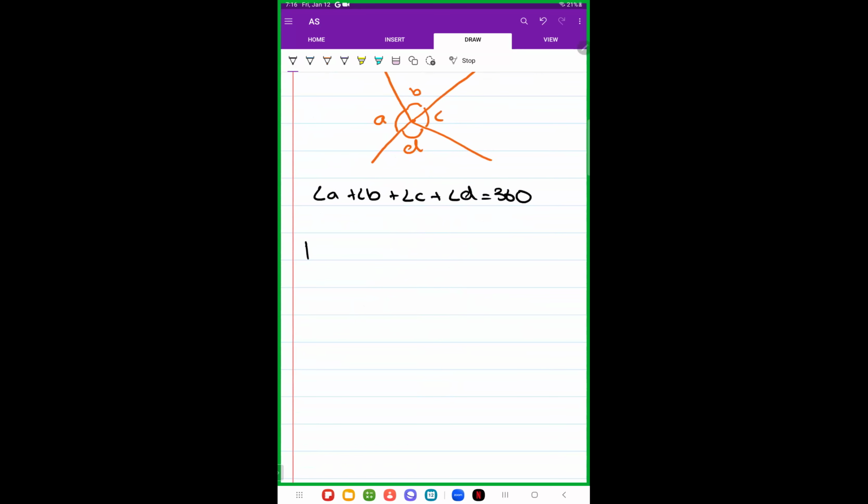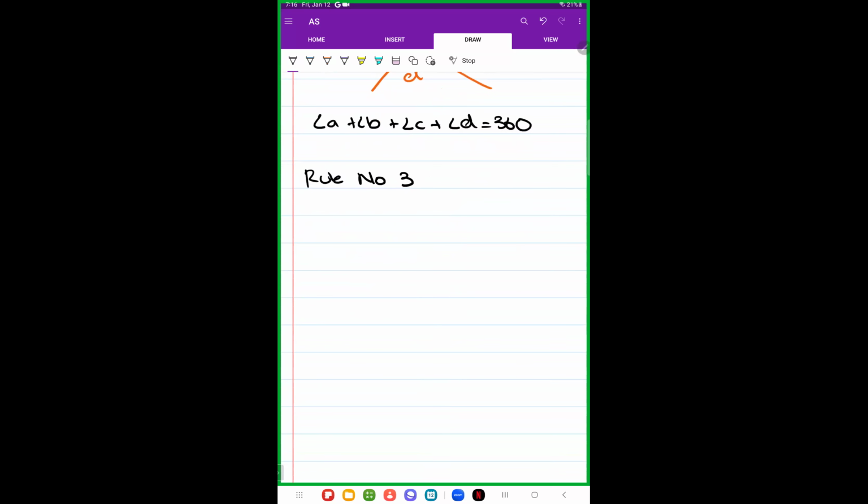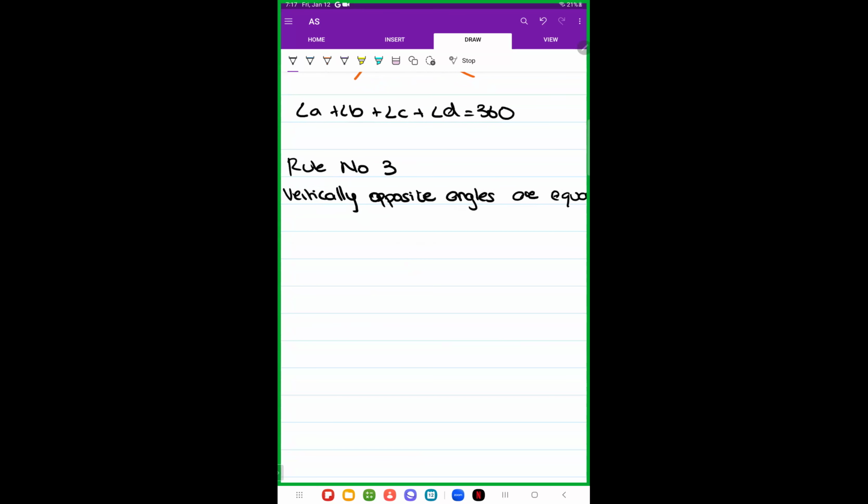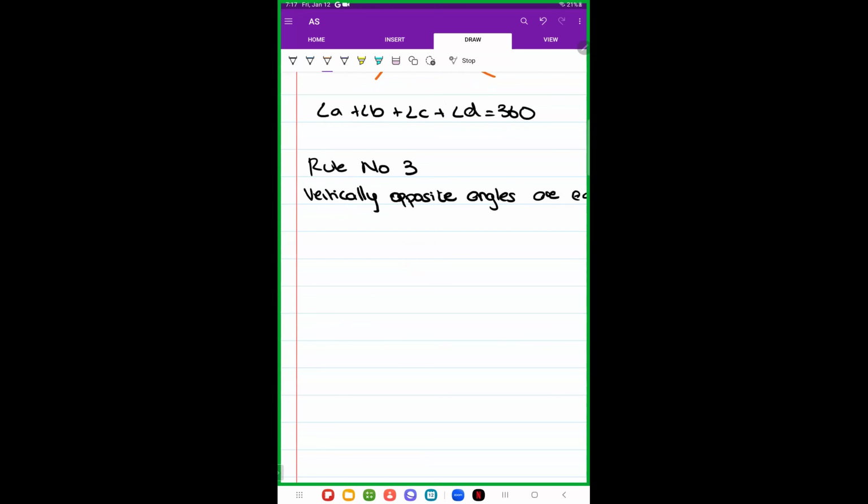Let's talk about rule number 3. It says vertically opposite angles are equal. This means opposite angles are equal.